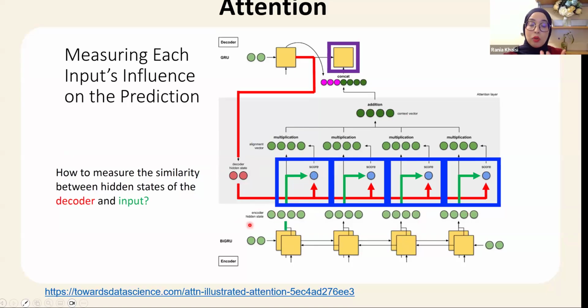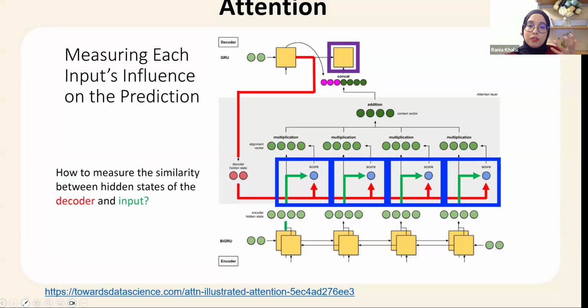Now the question is how we measure this. As you remember, many machine learning methods rely on similarity. For example, in k-means, we measure the similarity to the centroid. In KNN, the k nearest neighbors, we select the closest neighbor and compare distances. If the distance is minimal, we assign to that class.